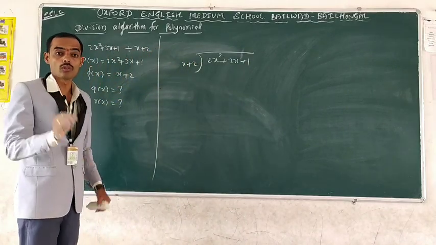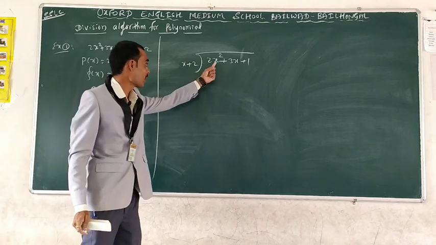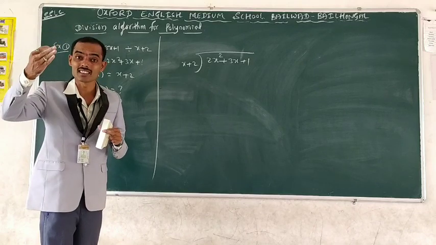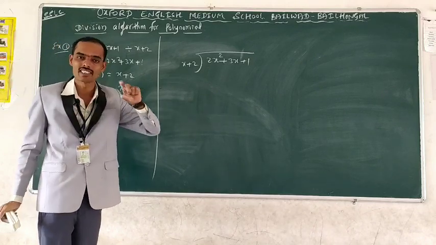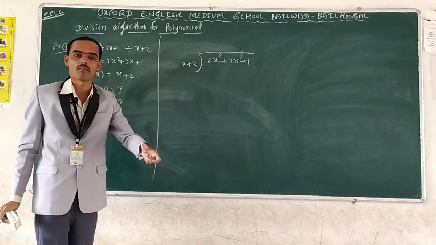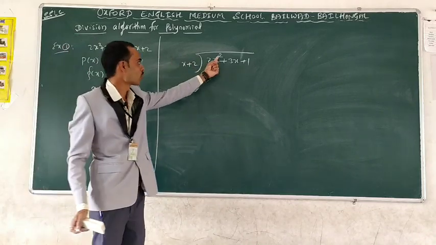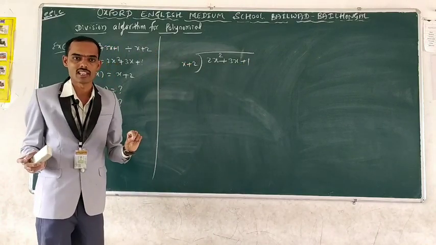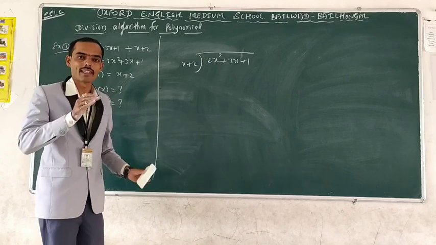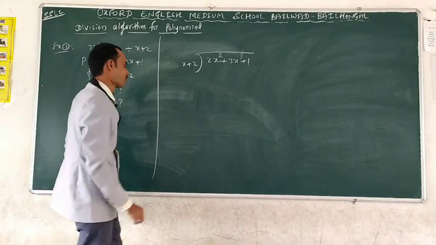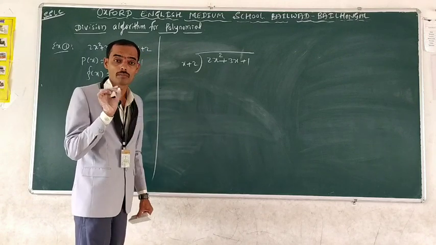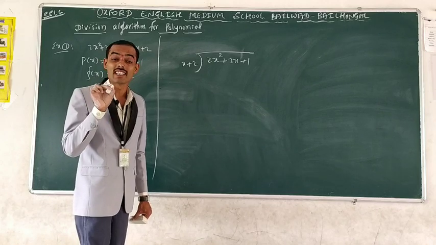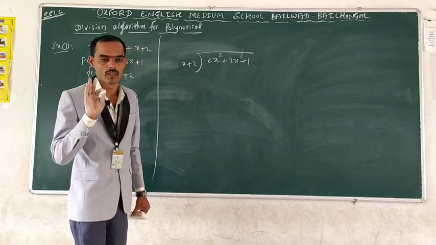The first job is to check whether p of x and g of x are in decreasing form of their exponents. If not, write them in decreasing form; otherwise, you can solve directly. Here both are already in decreasing form, so there is no need to rewrite. This is the first step.